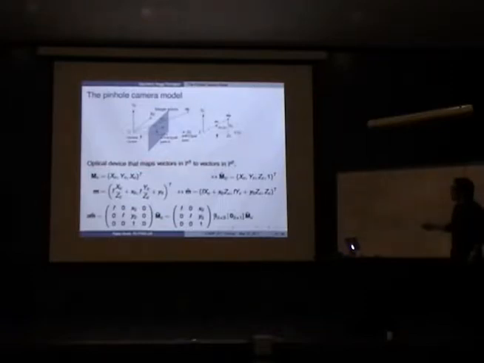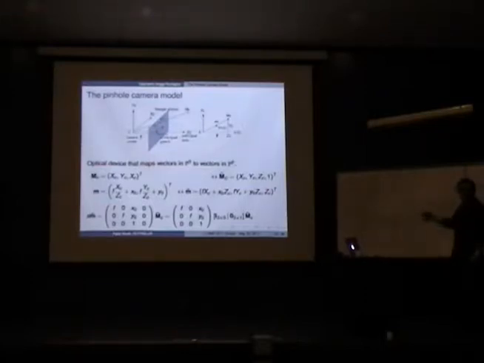Then you have to translate M, because usually the reference frame on an image is not at the principal point, it's somewhere else. So the principal point has coordinates x0, y0 in the image reference frame. So you get this. You can also transform it into homogeneous coordinates.